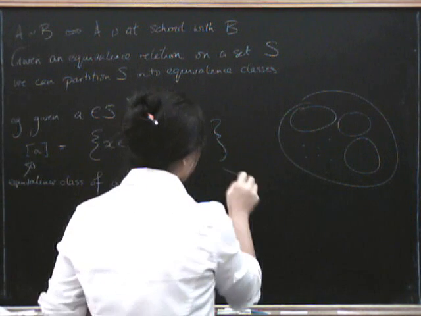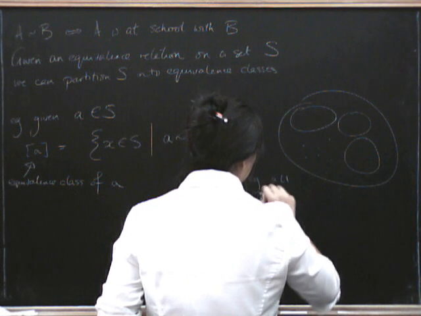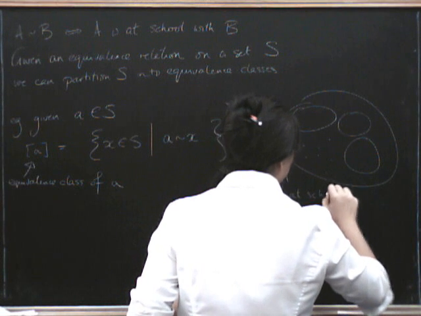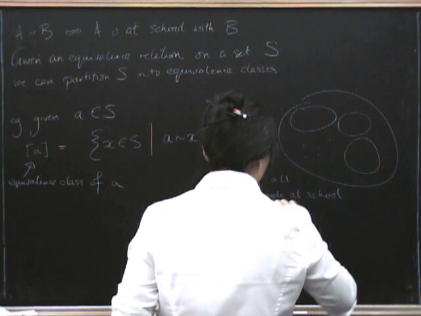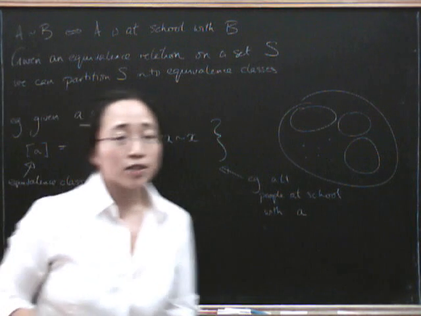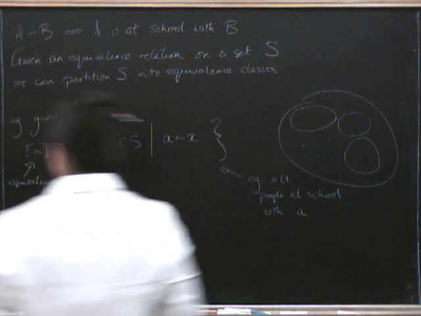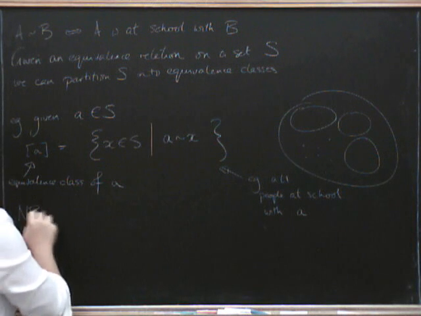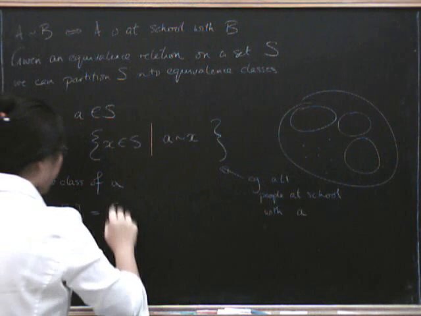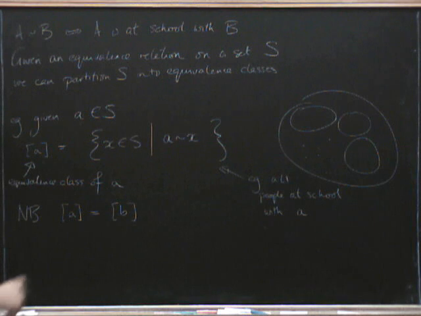So for example, this would be all people at school with A. First of all, notice that the equivalence class of A might be the same as the equivalence class of B. Well, can you see when it's the same?